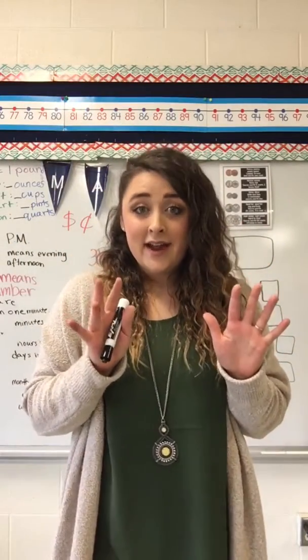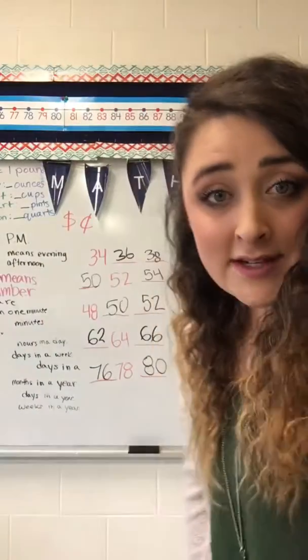And we know that 80 comes next because we've counted by ones, but let's count by tens just to make sure that 80 comes next. 10, 20, 30, 40, 50, 60, 70, 80, 90, 100. Did 70 come before 80? It did. So that's how we know that 80 comes after 78.